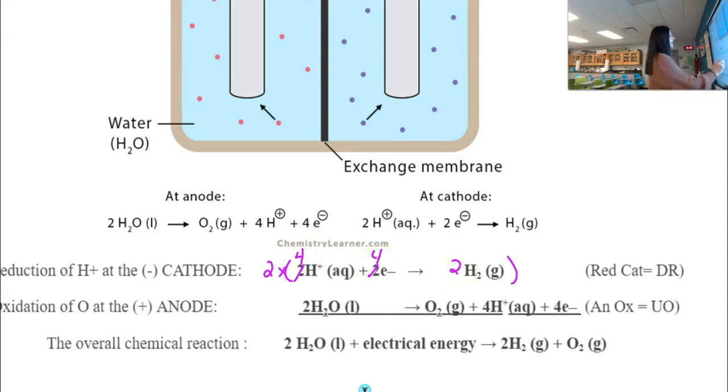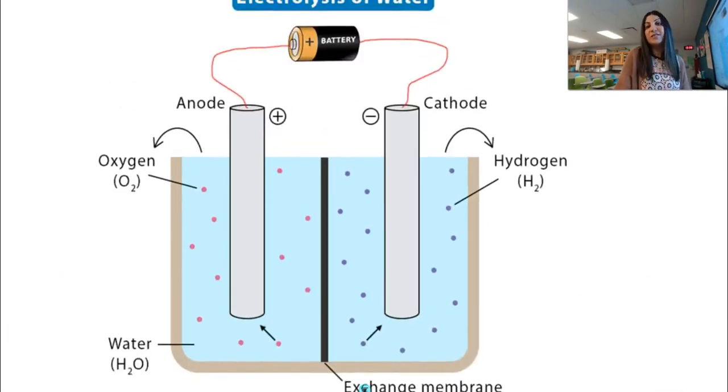You can see that the 4 electrons cancel out with the 4 electrons, and the 4H+ cancel out with the 4H+, and we're left with our overall reaction, which is what we know to be the water reaction. So it's just kind of cool to see that the reduction actually happens. The negatives and the positives are just switched, just because our battery is the one that is pushing that in the opposite direction.